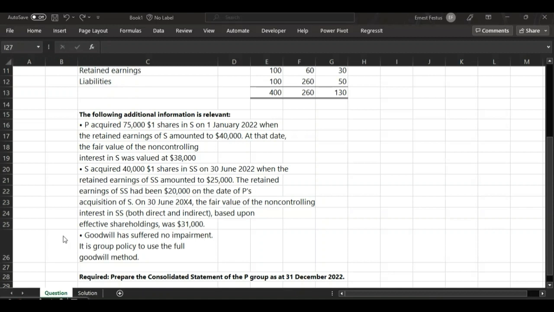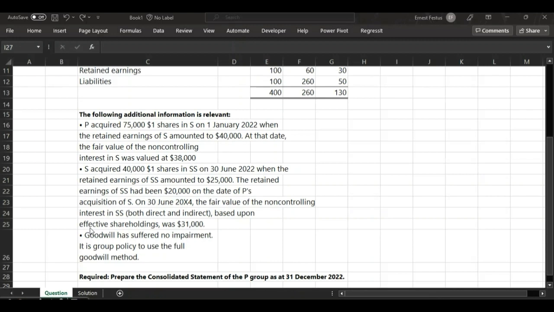The following additional information is relevant. P acquired 75,000 shares in S on 1st January 2022 when the retained earnings of S amounted to $40,000. At that date, the fair value of the non-controlling interest in S was valued at $38,000. S acquired 40,000 shares in SS on 30th June 2022 when the retained earnings of SS amounted to $25,000.